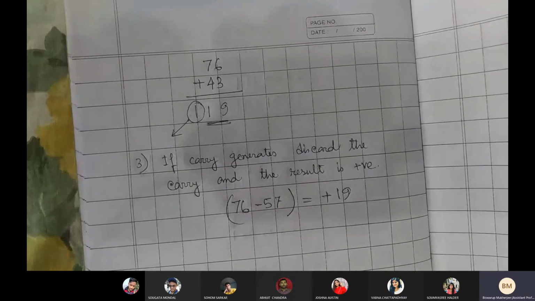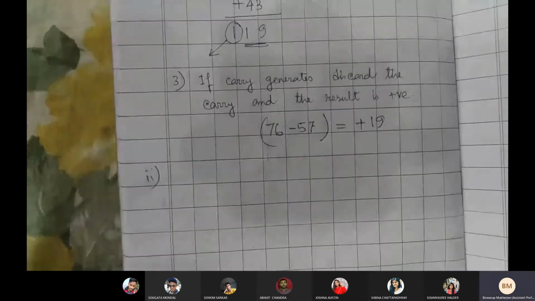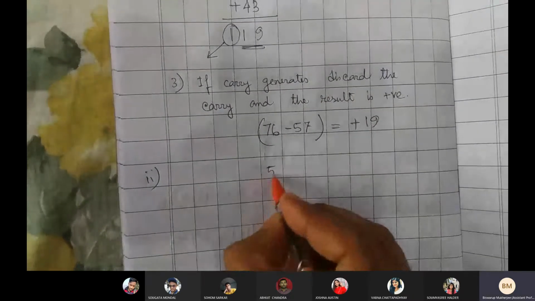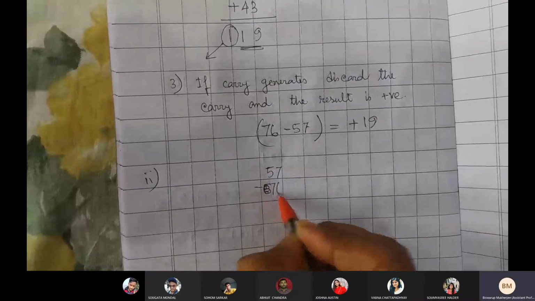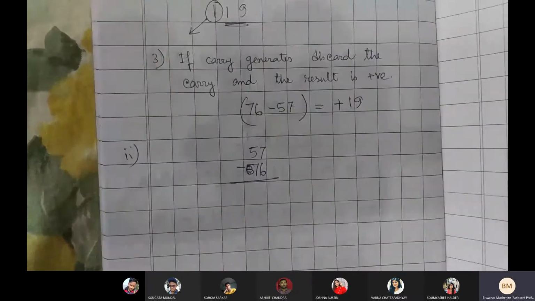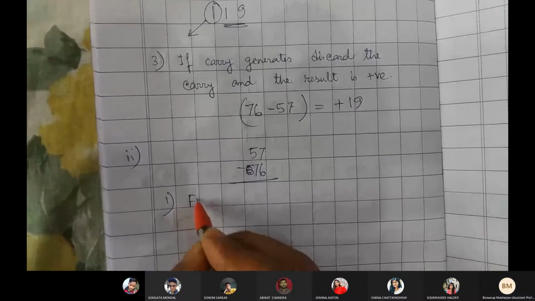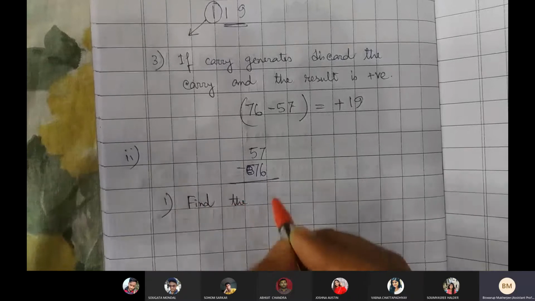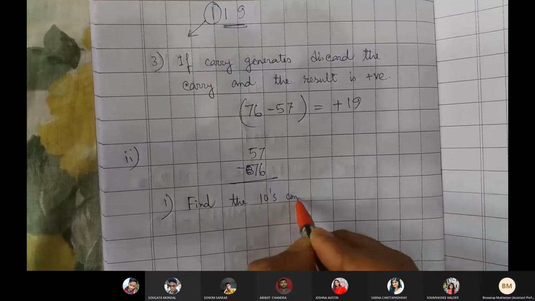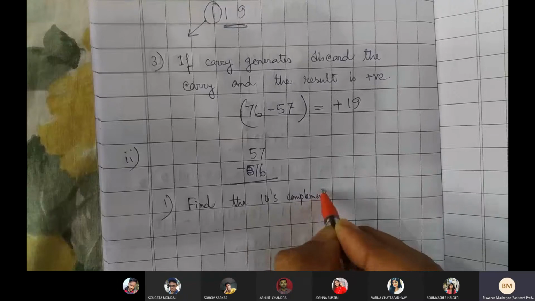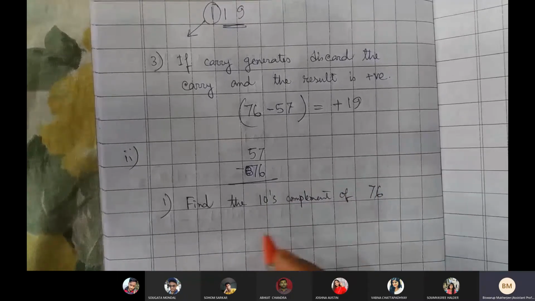57 minus 76. Same way. Number 1: find the tens complement of 76.